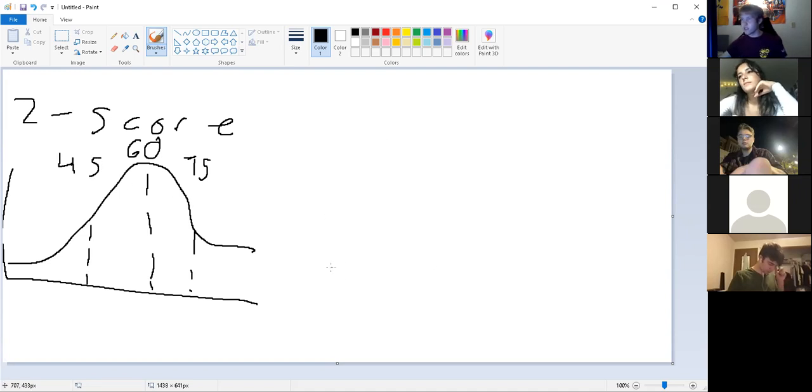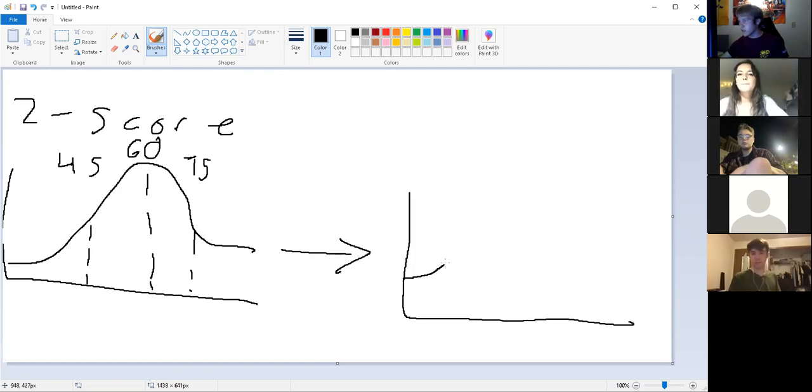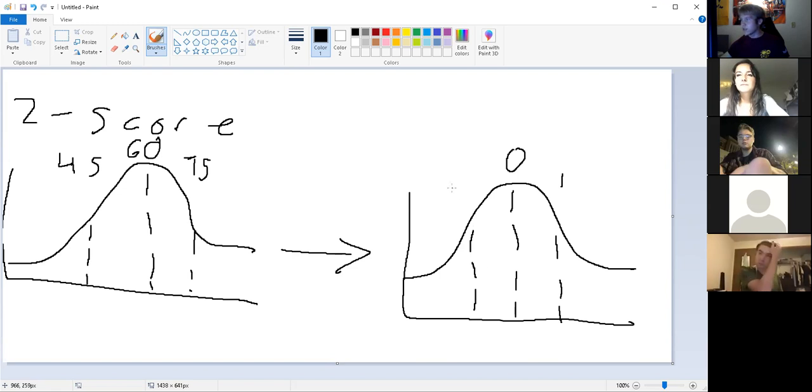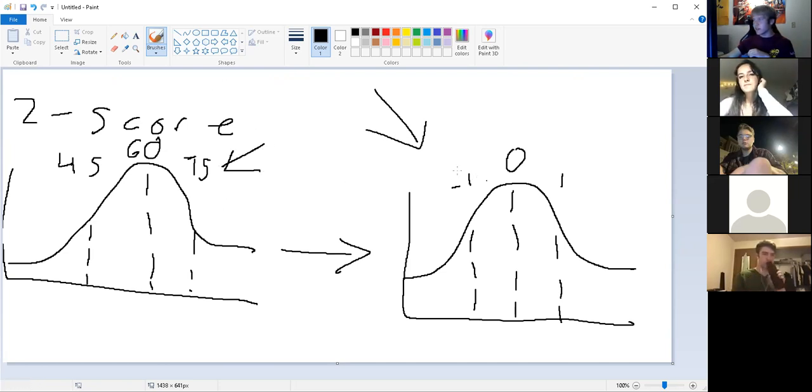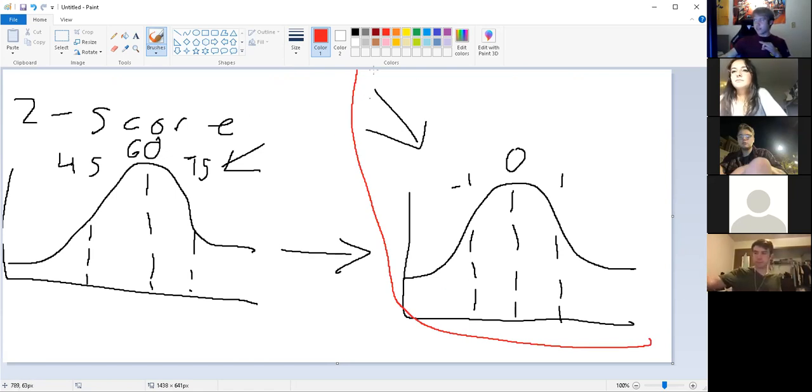A z-score converts it to this normal curve where the center is 0 and the standard deviation is 1. So we know a lot of information about this graph, which is what that appendix section in the back of the book is. So if we can convert anything we find to the standard one over here, it makes it really easy for us to find information. That's the concept behind all of the stuff we did the last week, basically.